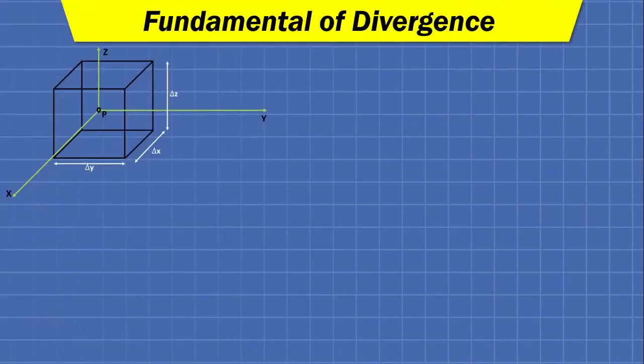Gauss's law says that the total flux passing through any closed surface is psi, which is equal to the charge enclosed by the surface, and which is the closed surface integration of the flux density D bar dot product with the differential surface ds bar. So this is the mathematical representation of Gauss's law.